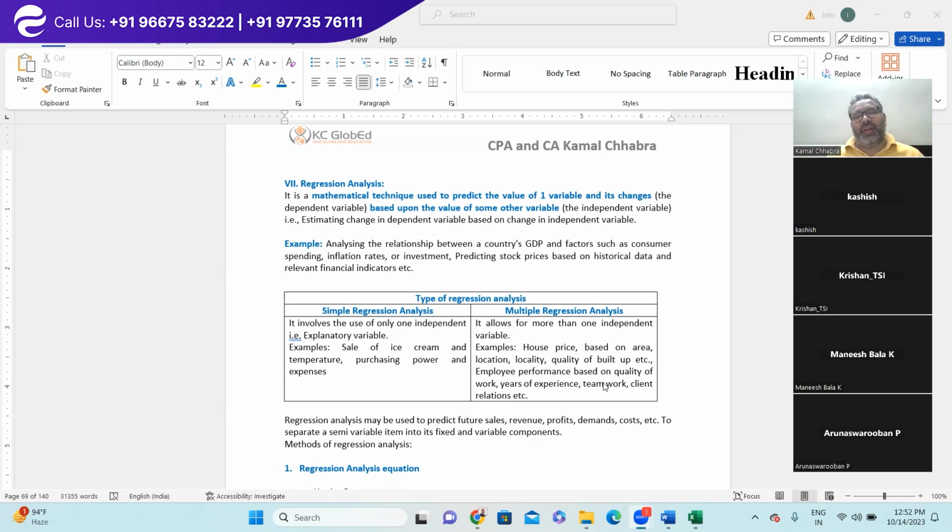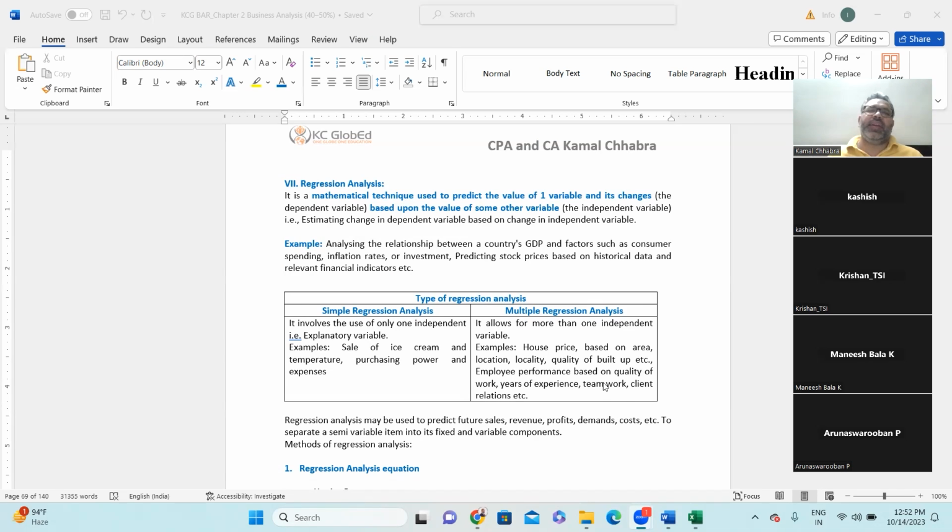For another example, if there is a change in the price of petrol or diesel, would that impact the price or quantity of sales of cars? Yes, sir. So the car is dependent on petrol, because without petrol or diesel, the car will not run unless it's an EV.